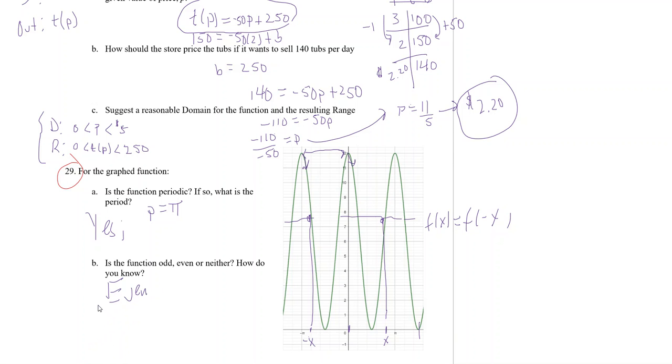So it's even because f of x equals f of minus x. Or you can say that it's symmetric with respect to the y-axis. In other words, if you were to fold the graph along the y-axis, it would fall right on top of itself.